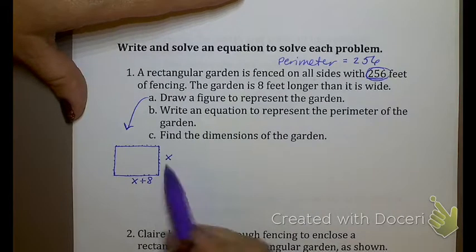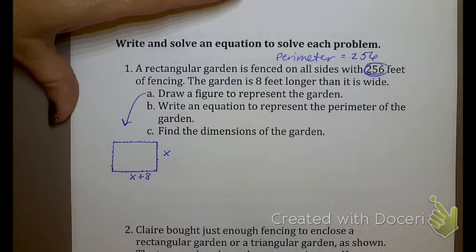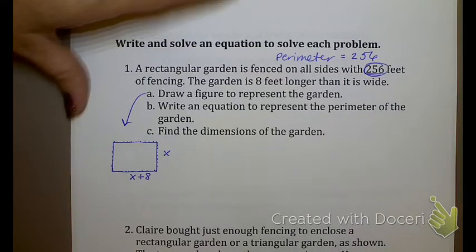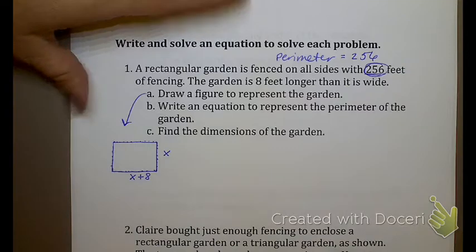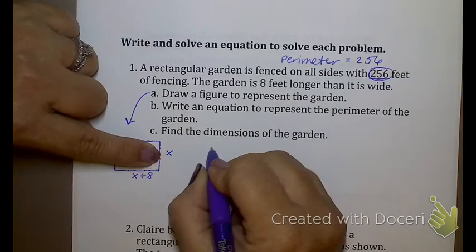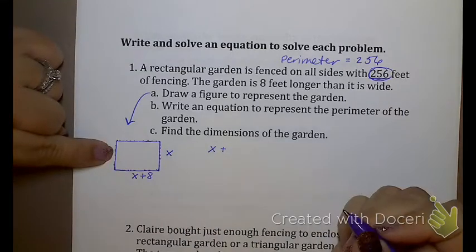Now, I only have two sides labeled. Is that okay? Yeah. That's okay. But I need to remember that when I'm adding up for my perimeter, I'm not taking just two sides into account. I need to take 4 sides into account. So, if I'm talking about the perimeter, I have this side. What would this side be?